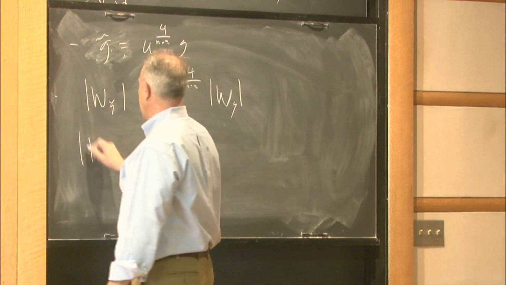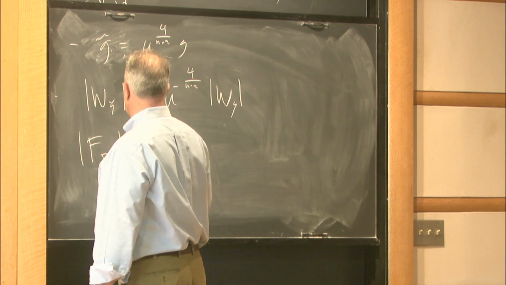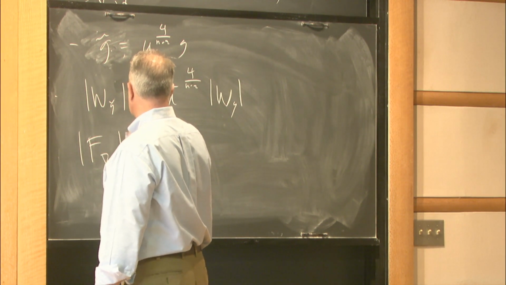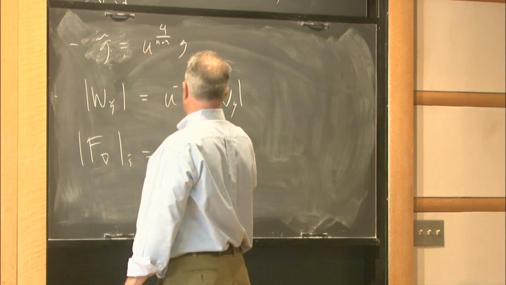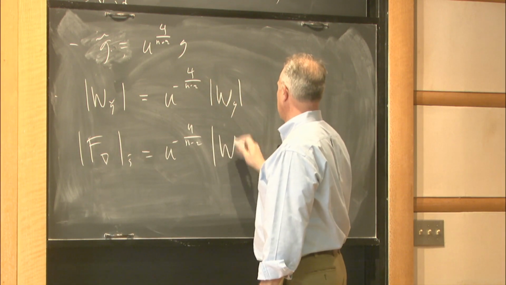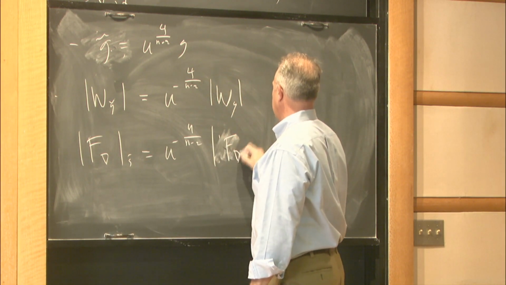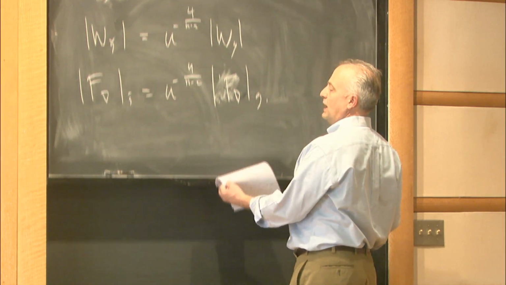And then suppose I measure the norm of the curvature 2-form. Then I'll get this. All right, so these transform in a very simple way.